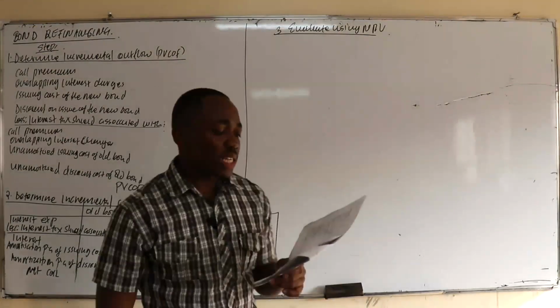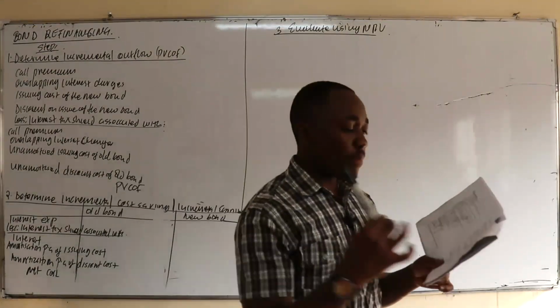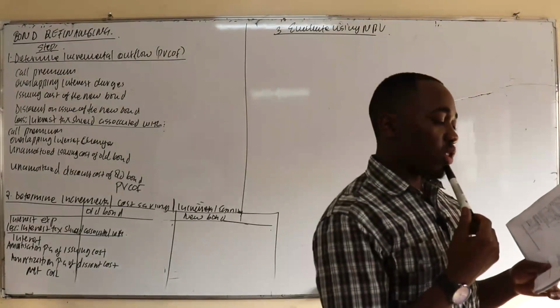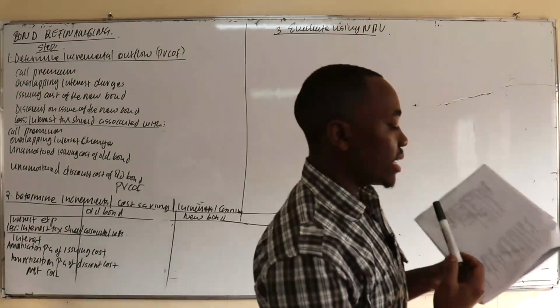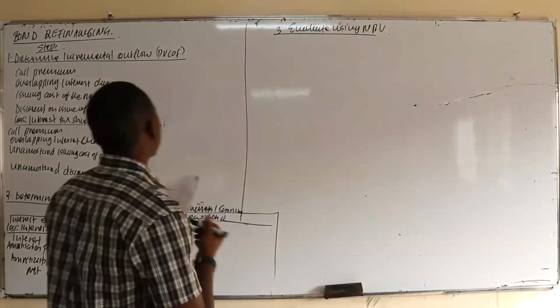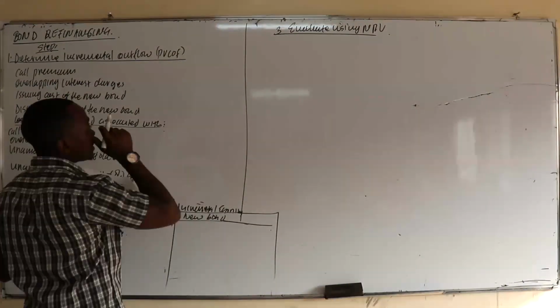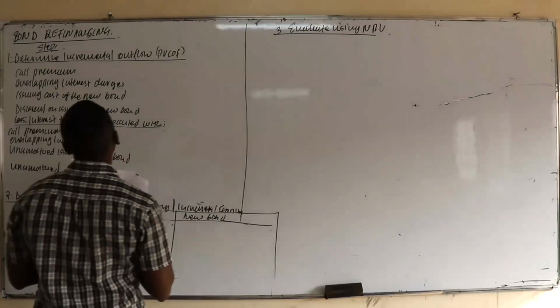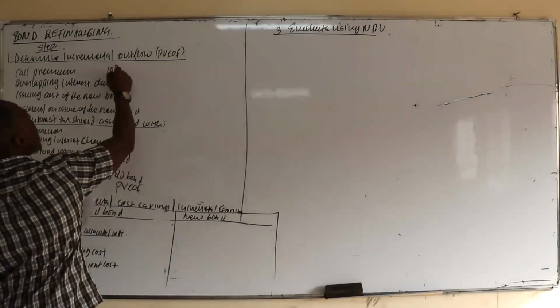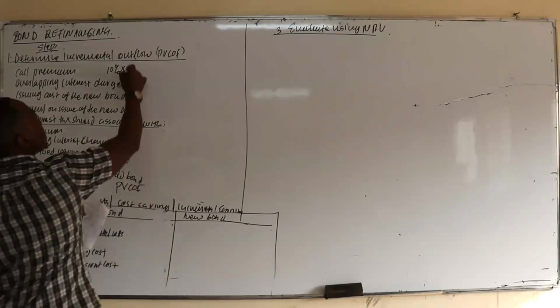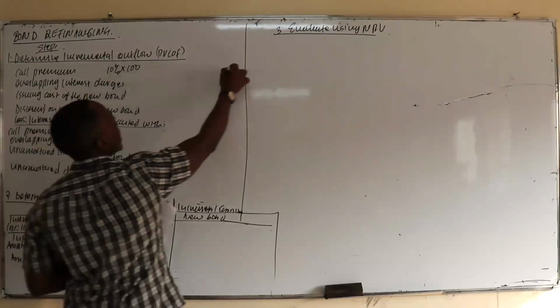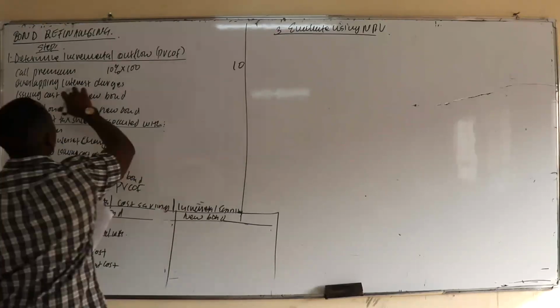The old bond can be redeemed at 10% premium, and in addition, a 2-month interest penalty will have to be paid on redemption. Yes, the premium is 10%. The call premium will be expressed in relation to the par value. So it's 10%. How much was the par value of the old bond? 100 million. That's 10.